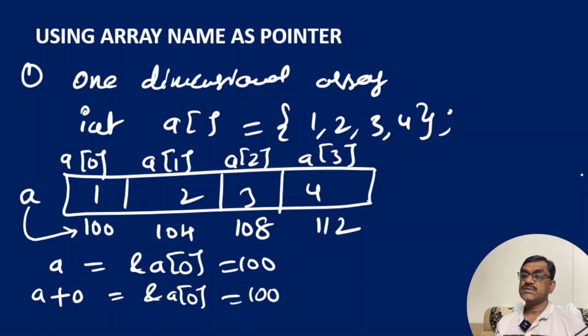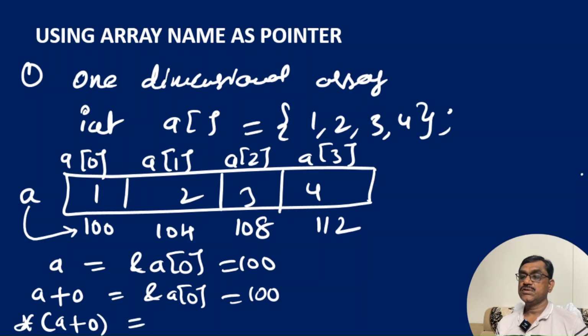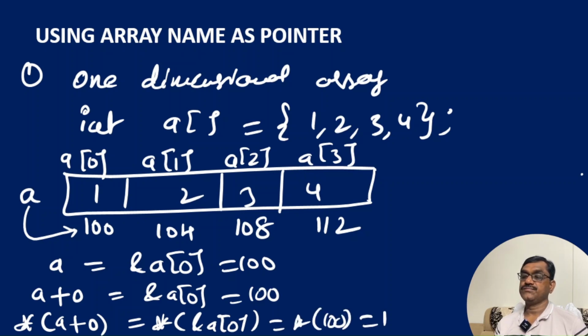So how to access the element which is stored at 100? By using star operator. Star of A plus 0 is equals to star of ampersand of A of 0, that equals to star of 100. That means 1. This is a way of accessing the first element, right?